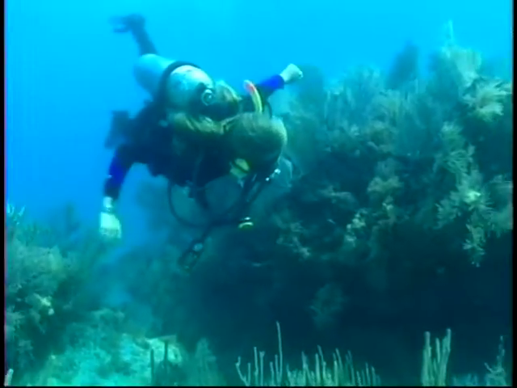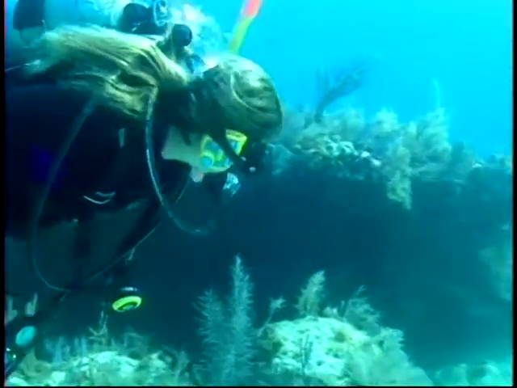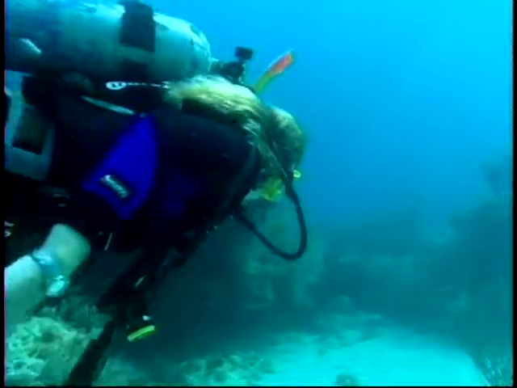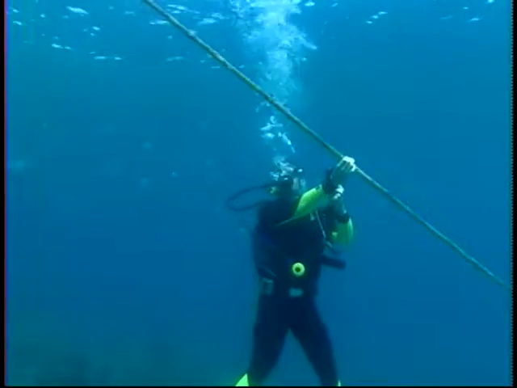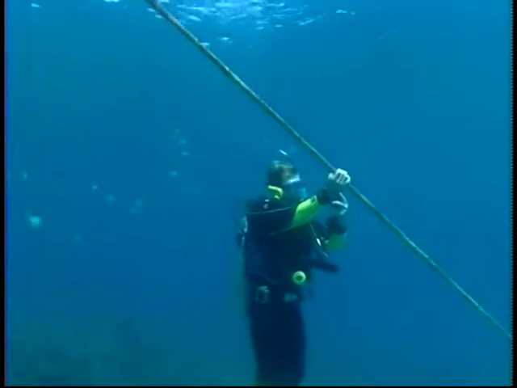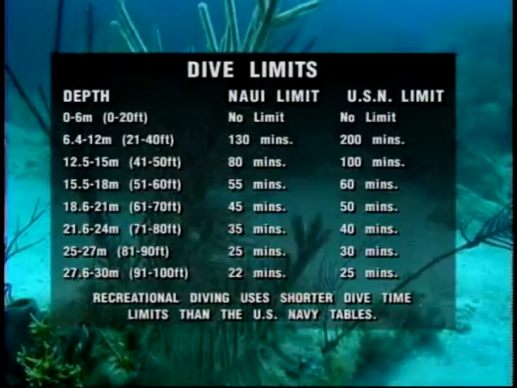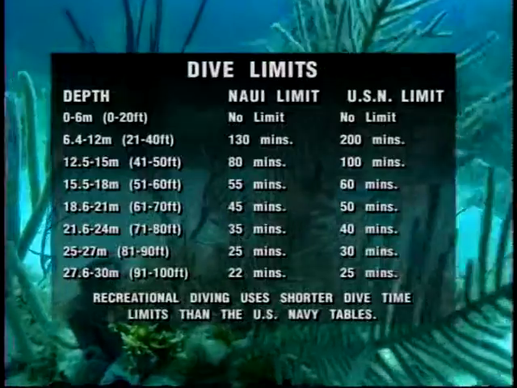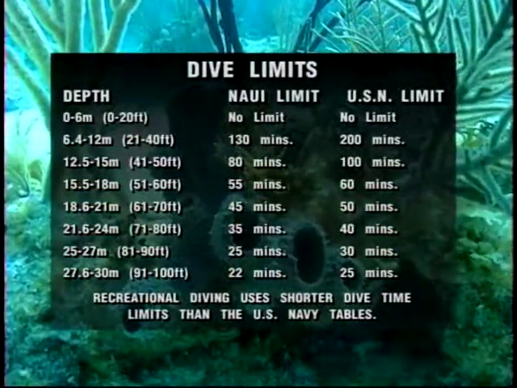For depths of 6.4 meters or 21 feet or deeper, dive time limits or no decompression limits have been established. The time spent at a given depth is not to exceed these limits, or you could experience DCS during or after your ascent. The United States Navy has established time limits for various depths. Recreational diving uses shorter time limits than those in the U.S. Navy tables.